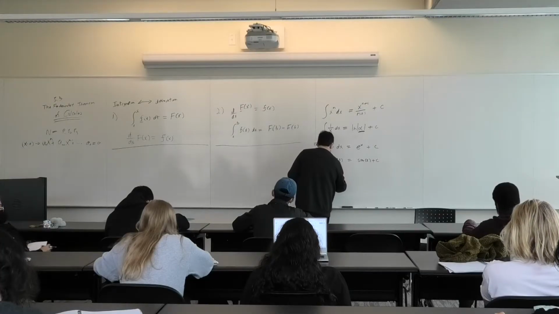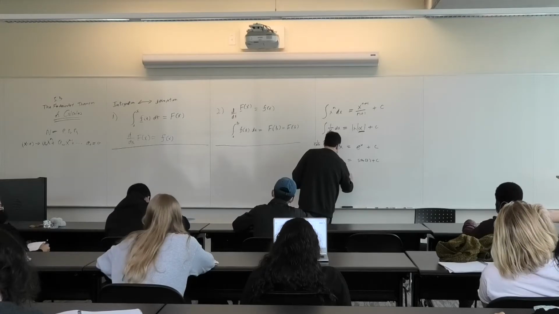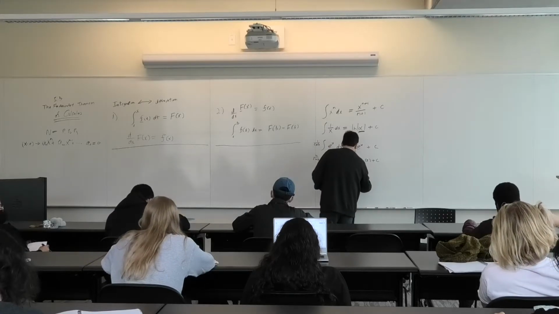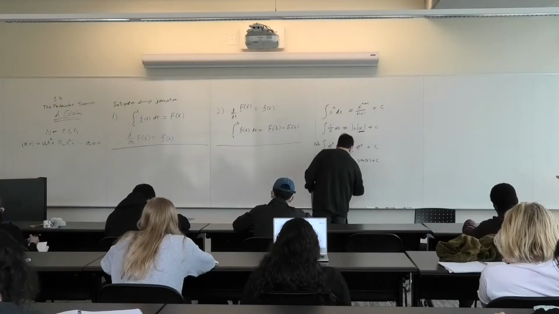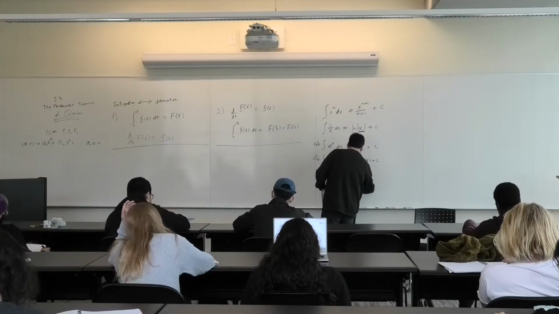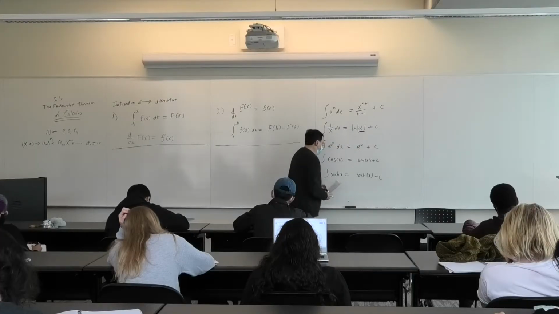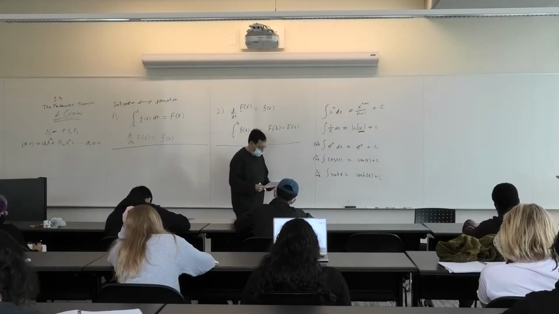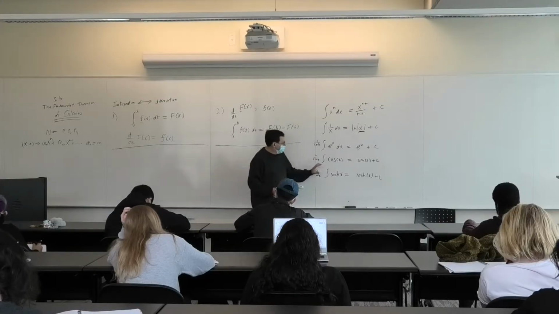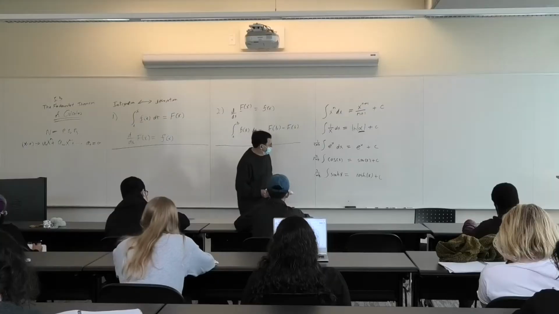Hyperbolic sine is hyperbolic cosine, and vice versa, the hyperbolic cosine will be hyperbolic sine. So we have these basic building blocks.